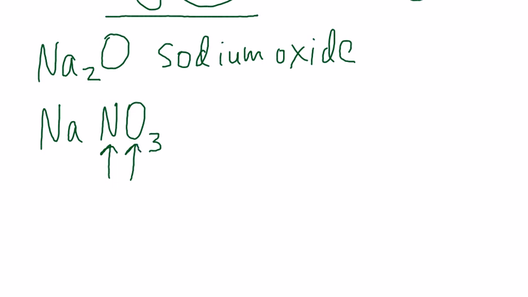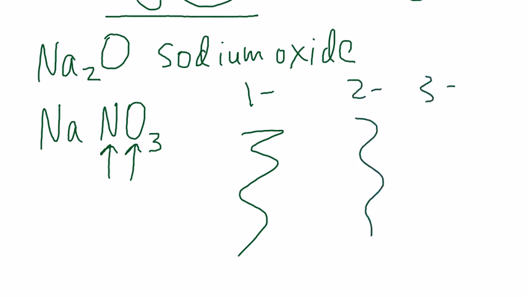This is where I have made a list of polyatomic anions for you on the back of your periodic table. So why don't you press pause and go ahead and get that. Now that you have the periodic table, you should see a column that has 1- and a whole bunch of polyatomic anions under it. Another column that says 2-, 3-, and a whole bunch of ions underneath it.